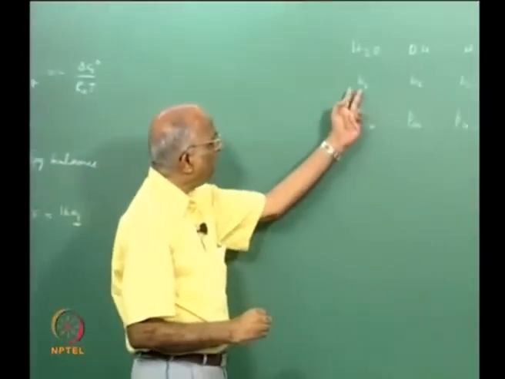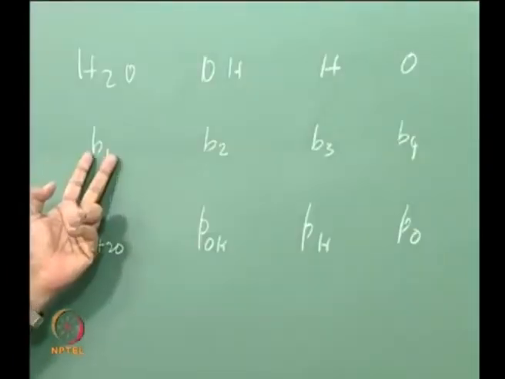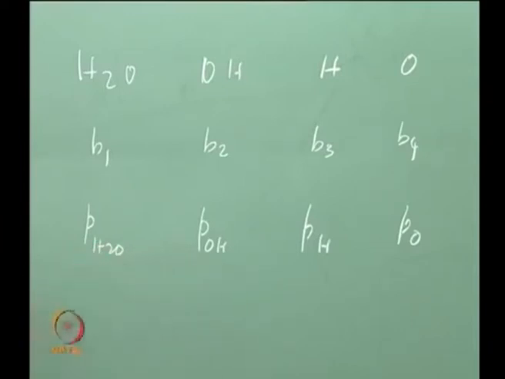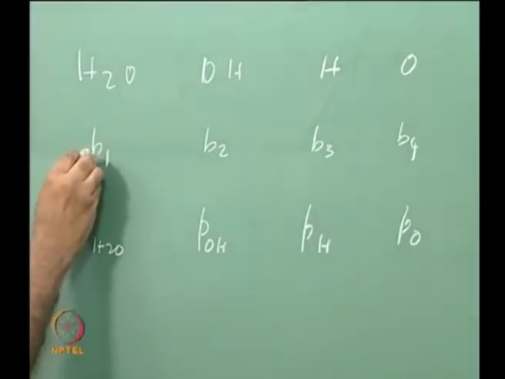Now I have the atom balance equation in terms of B1, B2, B3, B4, but I have equilibrium relations which gave me in terms of partial pressure. How do I convert P in terms of B1?